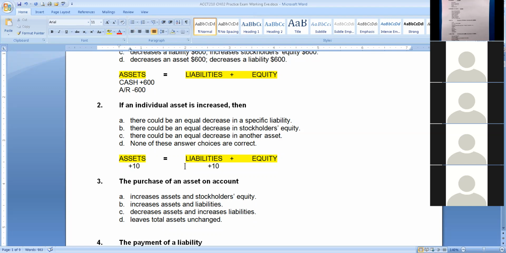Okay, there is another scenario though, and that's kind of like what we have up here. If you don't have an increase over here, what else could do it? A decrease in the asset. Very good. So which one is it? The C. Yep.